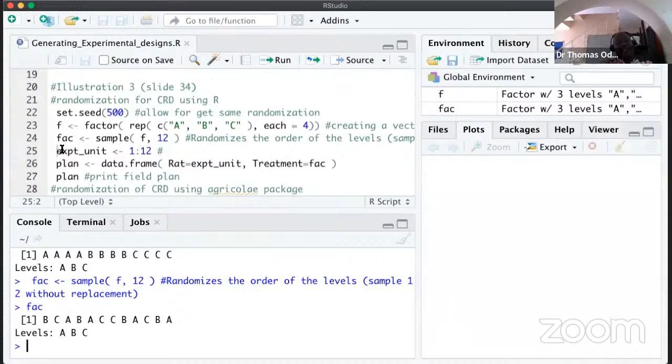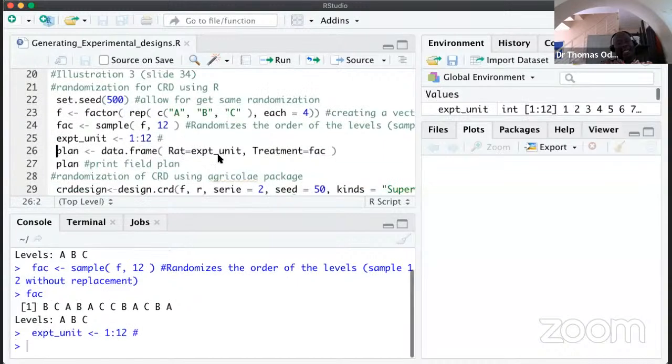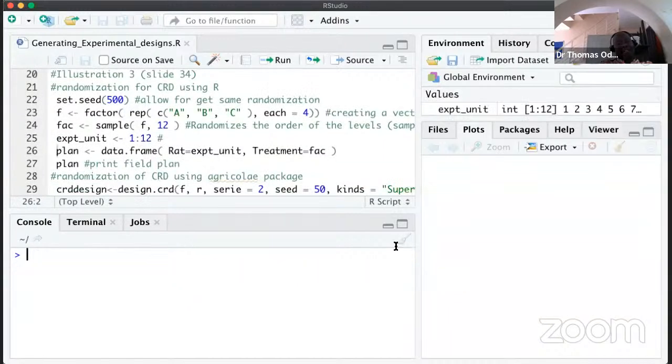So what I want to do now is create an object again. This object now is a simple vector from value 1 up to 12. So I can actually run this line and I can check what I've run by just highlighting this and running it. So you see now I've created 1, 2, 3, 4, 5, 6, 7, 8, 9, 10, 11, 12.